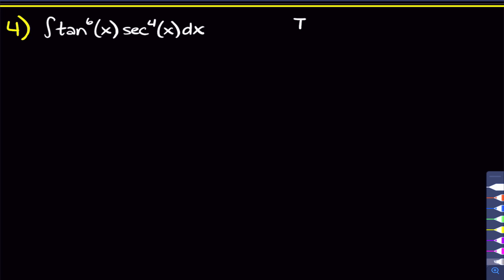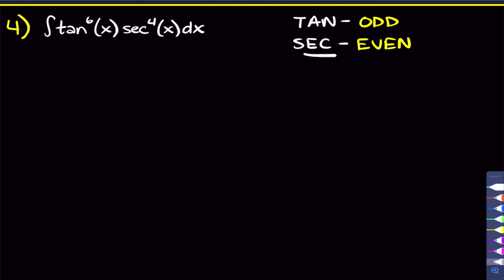Now remember, with these trig integrals, with tangent and secant, we want tangent to be odd or secant to be even in power. And do we have either of those things happening here? Well, tangent's not odd. It's got a 6 in the power, but secant has a 4 in the power that is even.